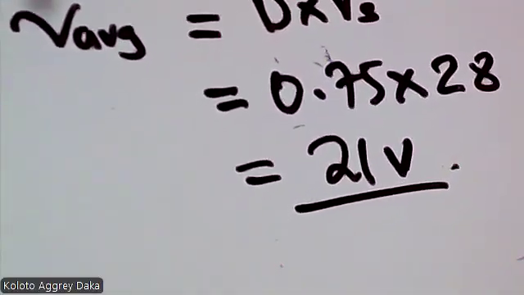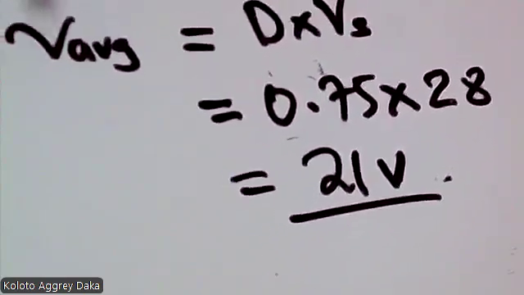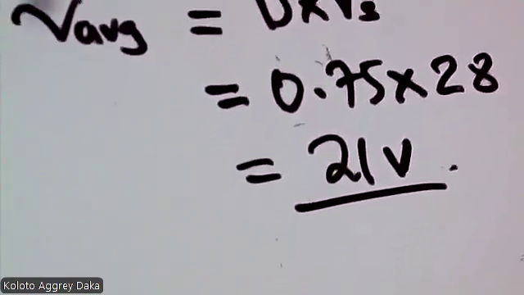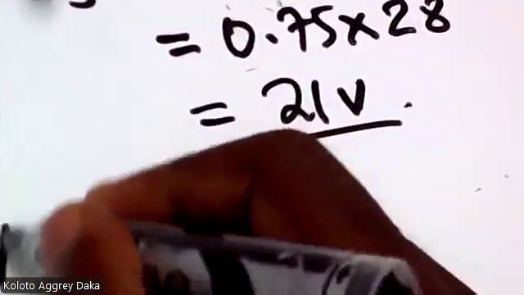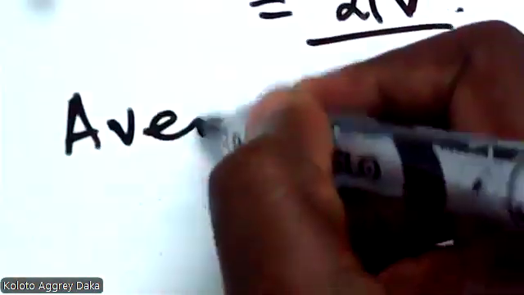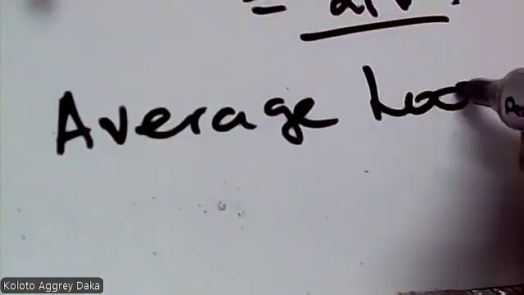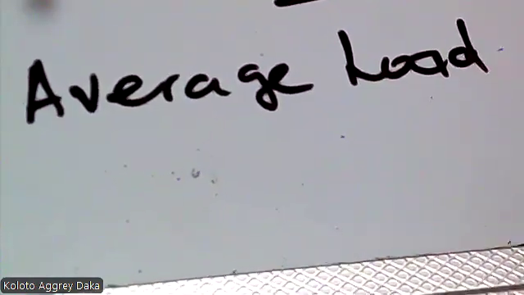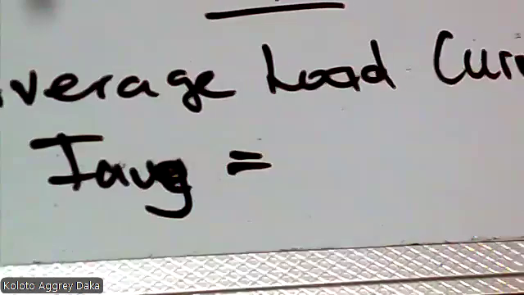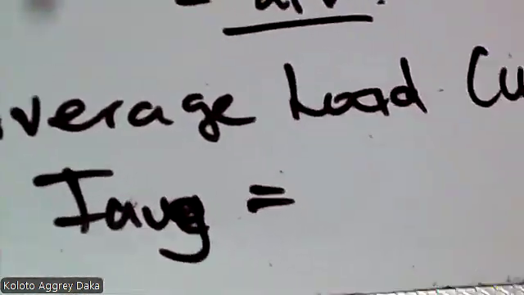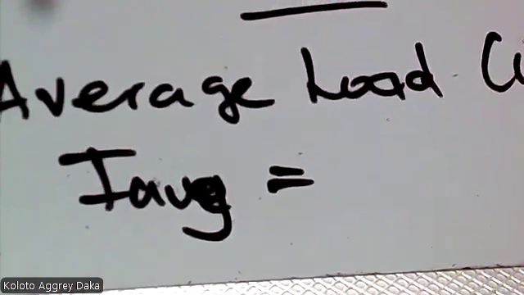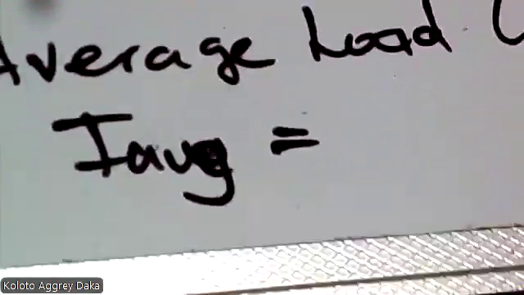Now that we know our average load voltage, we can get our average load current. The average current is equal to voltage over resistance, from Ohm's law. If we are looking for average load current, we use the average voltage.